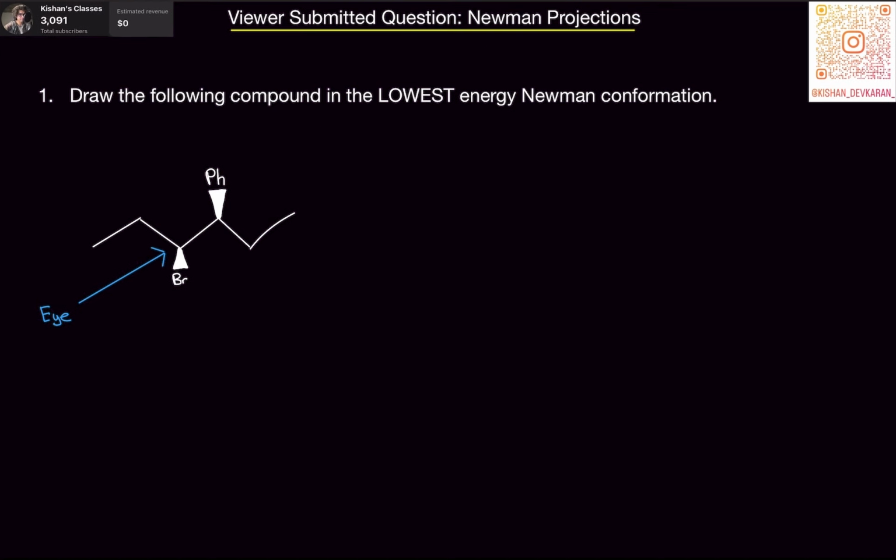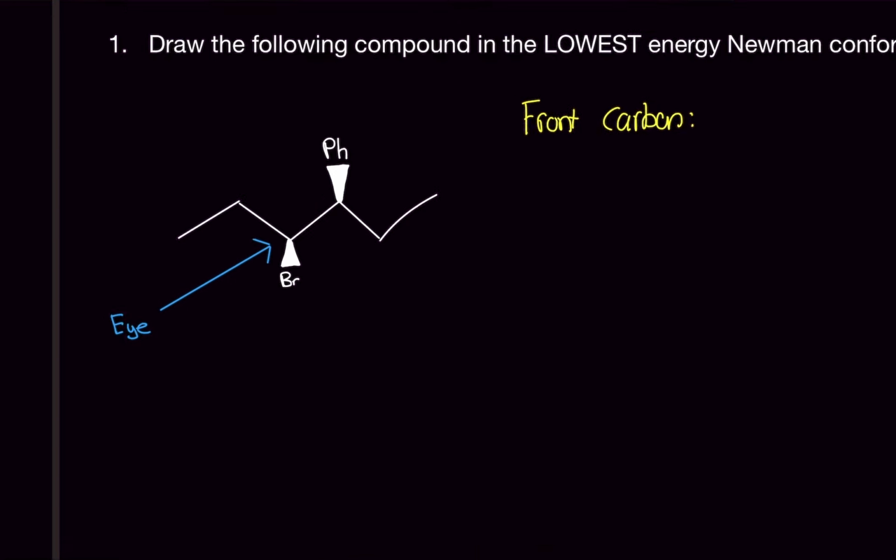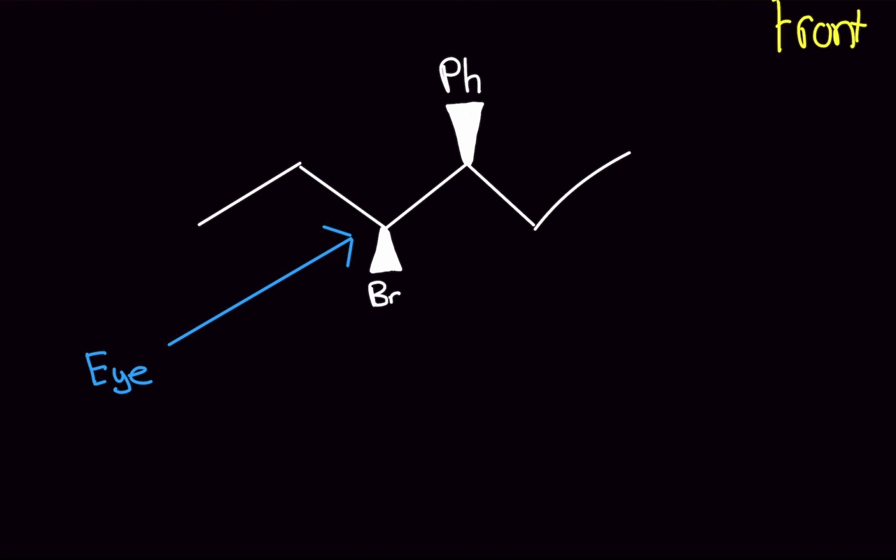So we need to jot down all the groups attached to the front carbon. Always, always, always there are three groups attached, never less and never more.